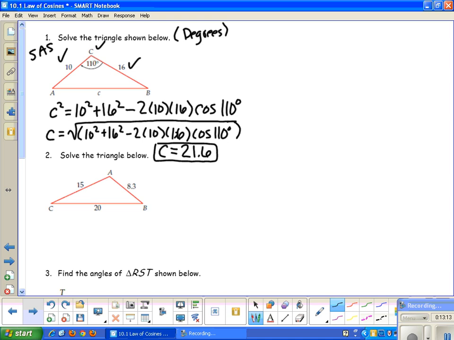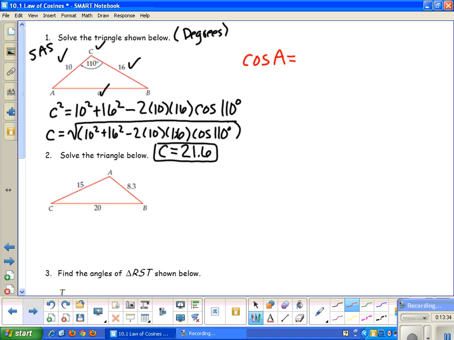So now I have what this side here is equal to. Now I need to solve for angle A and angle B. So if I have all three sides, I can use the alternate form for the law of cosines to solve. So let's do that. So the cosine of angle A would be equal to the two sides that we know.